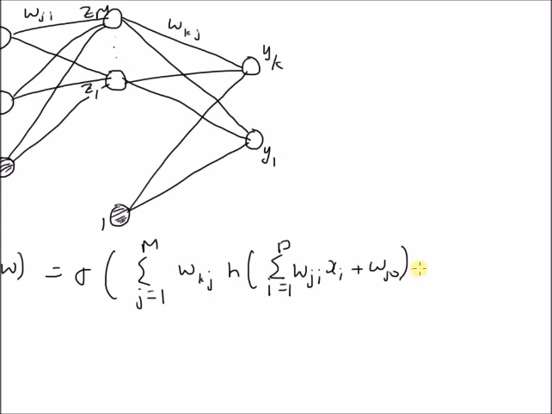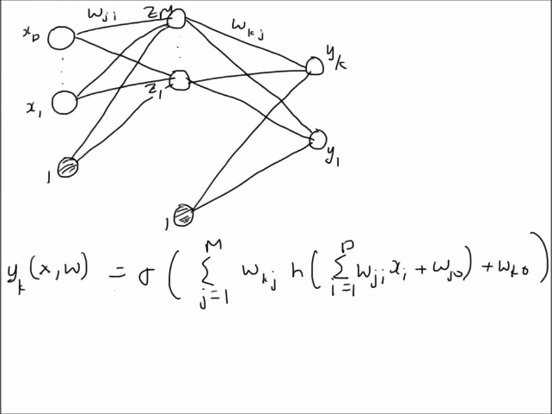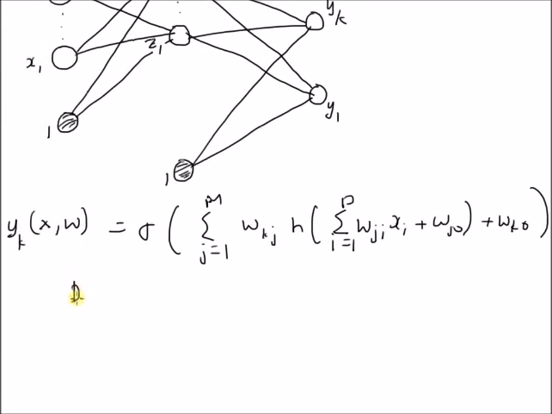And also the bias in the output unit is given by wk0. So this is the kth output of the artificial neural network. So we have D inputs, M hidden units, and K outputs.